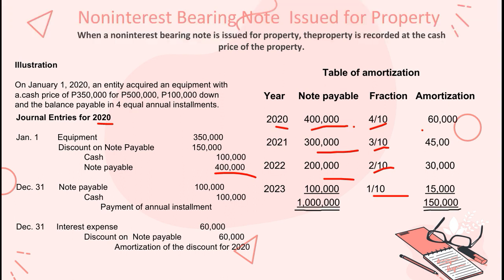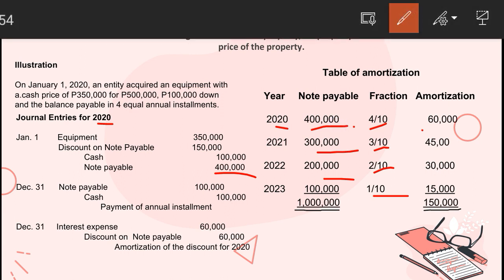Si fraction, actually fraction is developed from the note payable outstanding every year. So this is the note payable outstanding every year: 400,000, 300,000, 200,000, 100,000. So 400,000 divided by 1 million is 4 over 10. Okay, 300,000 divided by 1 million is 3 over 10. Okay, that's how we get the fraction.